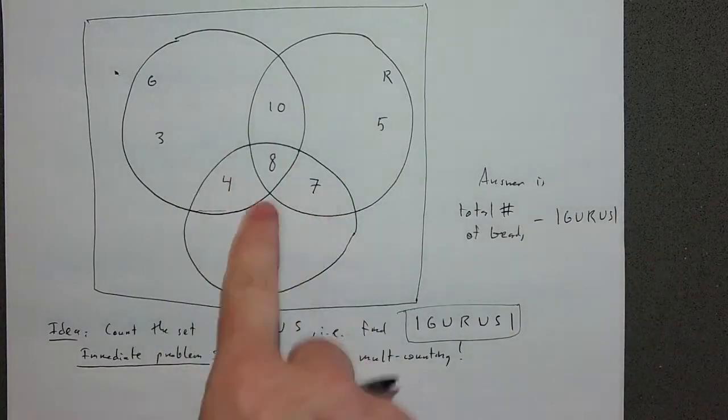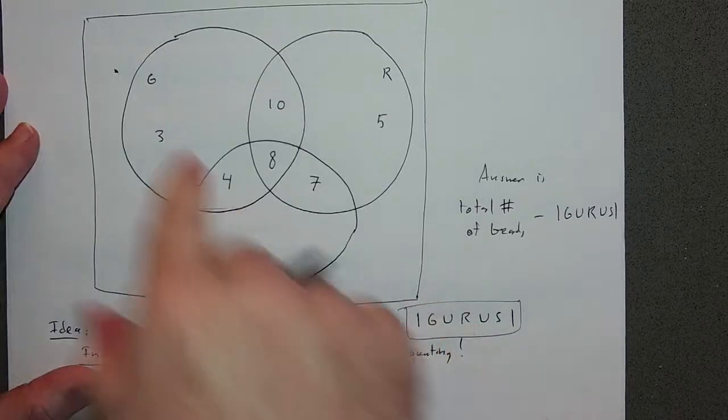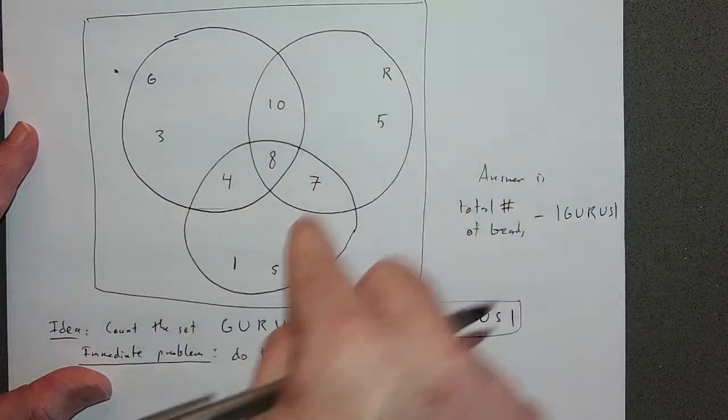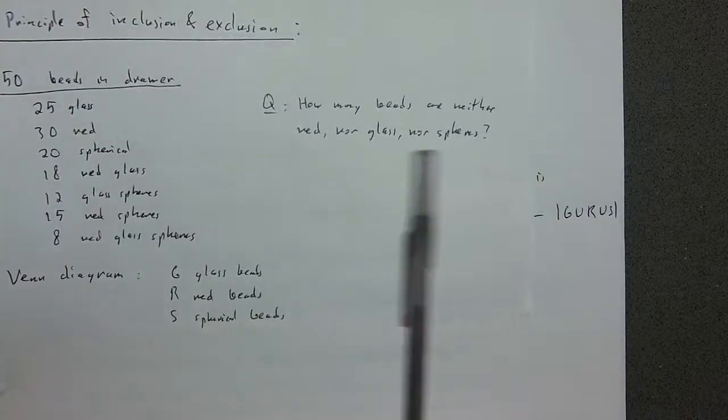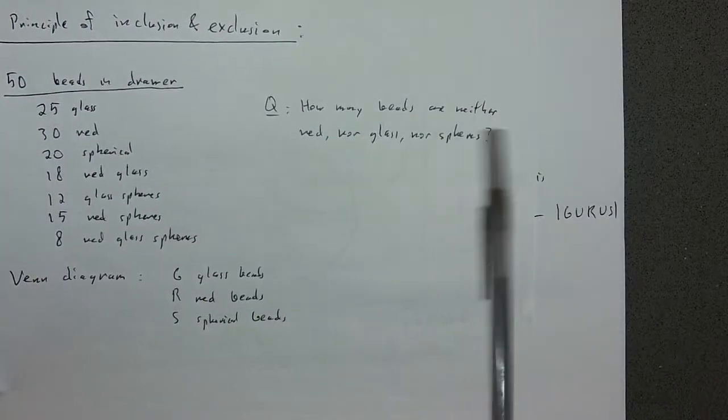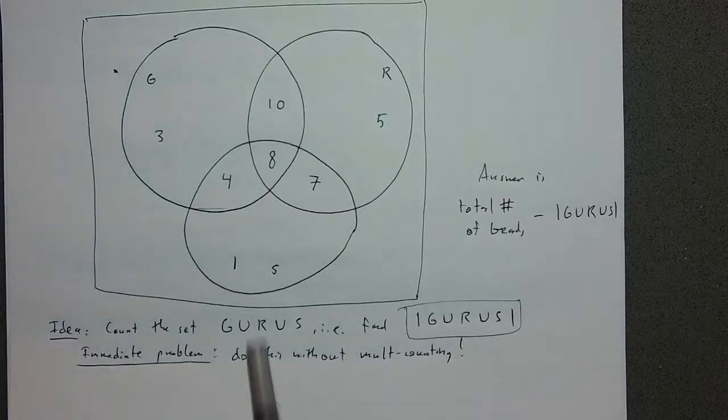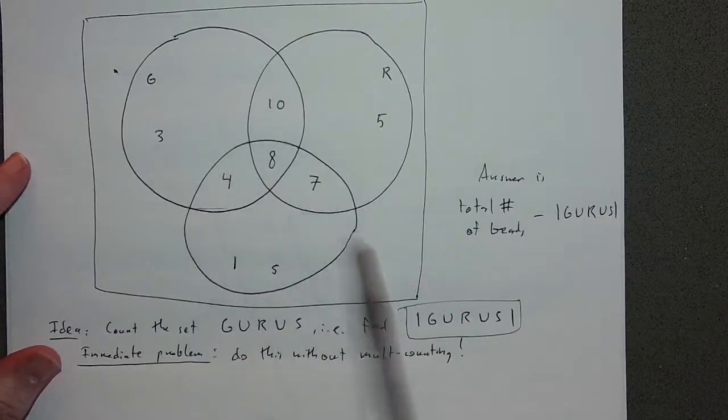Why? Because something in this set is either glass or red or spherical. But we were exactly asking how many beads are neither red nor glass nor spherical. So we're asking for something that is not here.